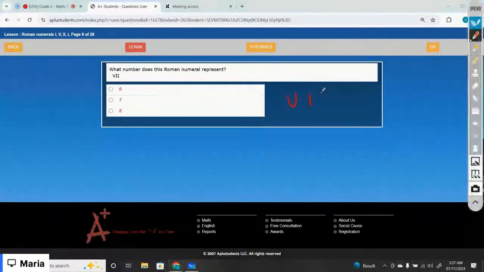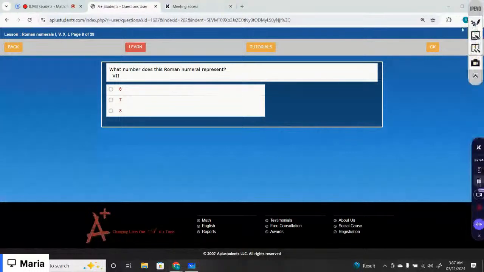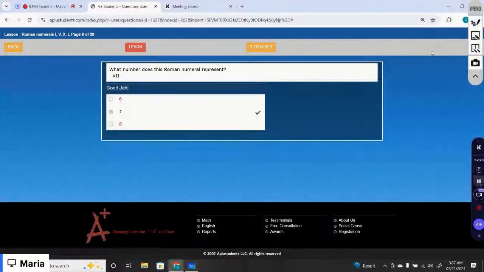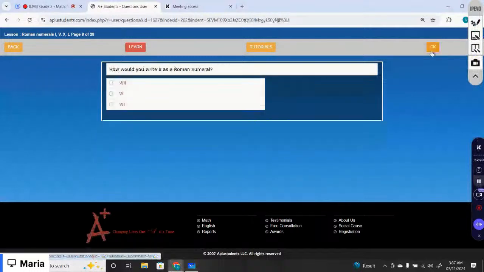Then I and I represent 1. That is VII, that V represents 5, that I represents 1, and that I represents 1. So together they make 7. The correct option is 7, option number 2. Very good. How would you write 8, which is the correct option?